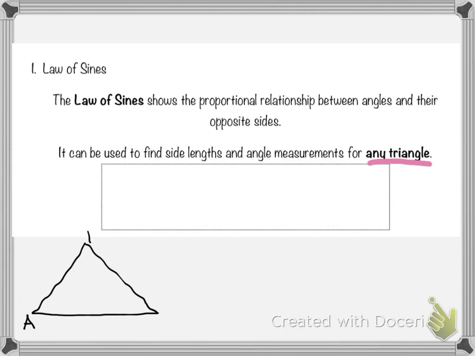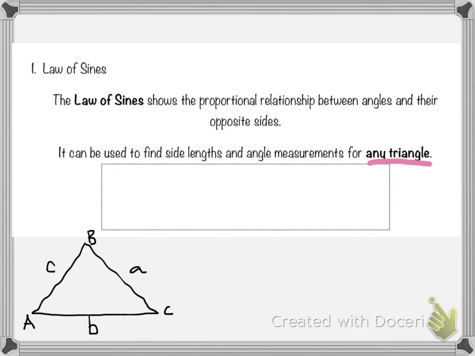So if I have a triangle ABC, the side opposite of angle A is going to be side a, the side opposite of angle B is going to be little b, and the side opposite of C is going to be little c.